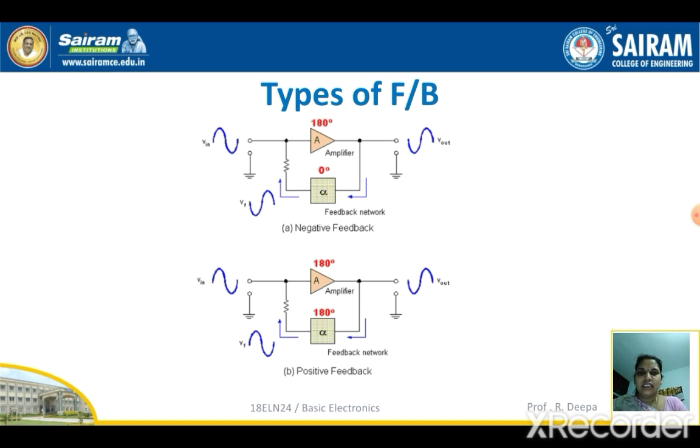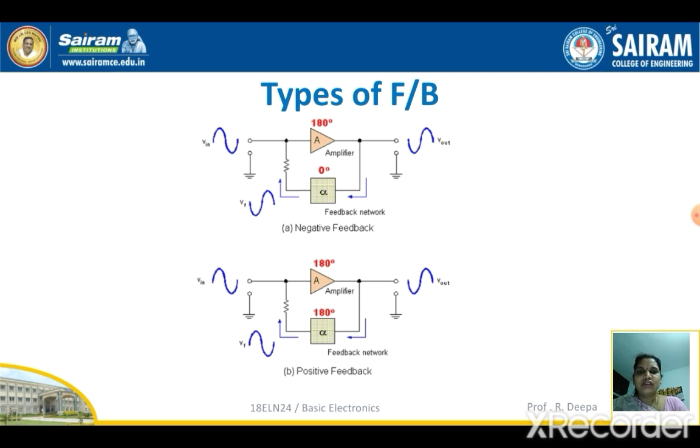Again, this is the explanation of the two types of feedback amplifiers. You can observe the input signal is represented as V in and the output signal as V out. We have an amplifier whose gain is represented by A, and a part of the output signal is fed to the feedback network. From the feedback network, the feedback output is fed as an input to the input terminal of the amplifier.